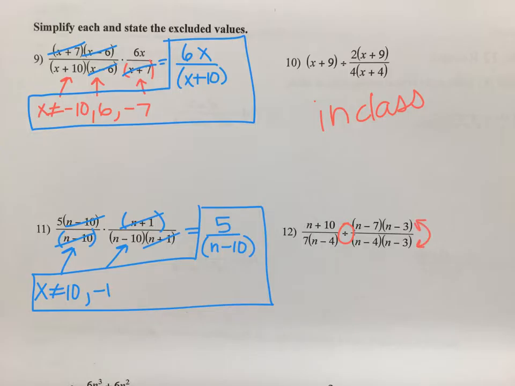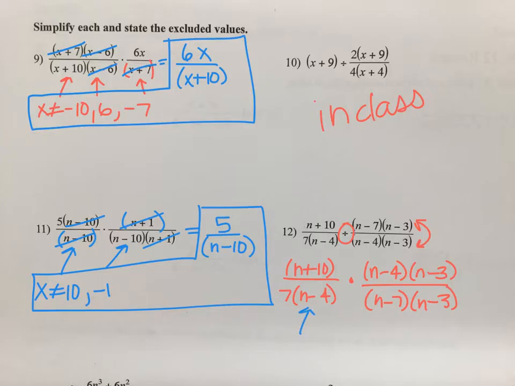Number 12, remember when we have division, we have to change the sign and flip the second one. So I'm going to rewrite n plus 10. I'm going to add parentheses, 7, n minus 4 times, flip this one, so n minus 4 over n minus 3. Over n minus 7, n minus 3. We do need to identify our excluded values. So I've got 3 here. X cannot equal 4 or 7 or 3.